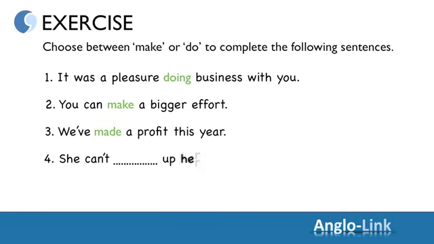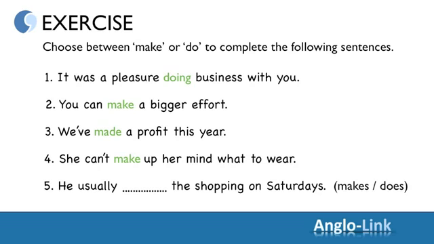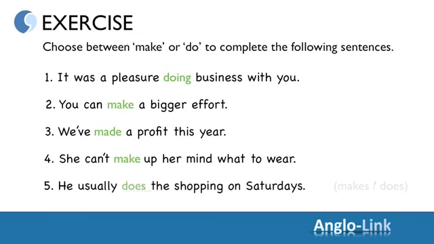Number 4. She can't up her mind what to wear. She can't make up her mind what to wear. Number 5. He usually the shopping on Saturdays. He usually does the shopping on Saturdays.